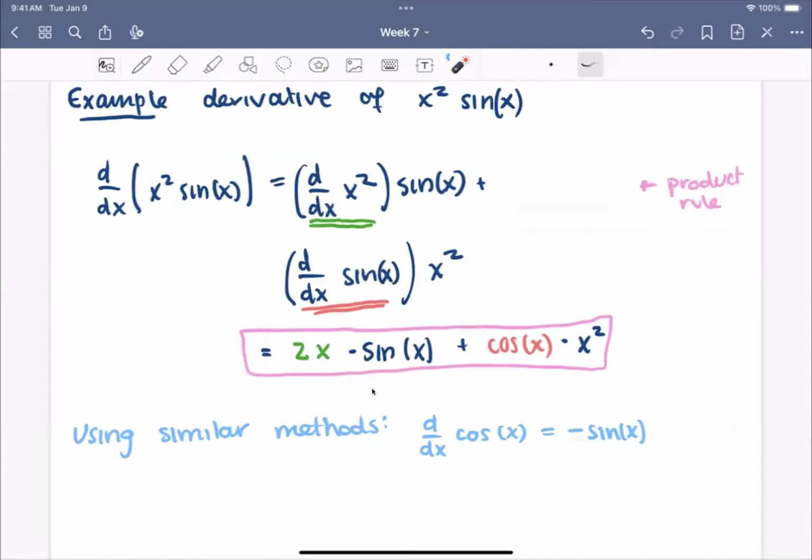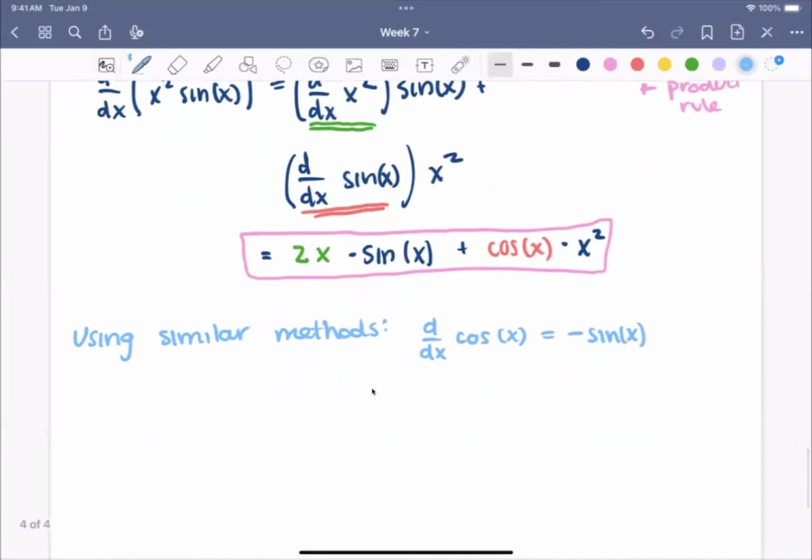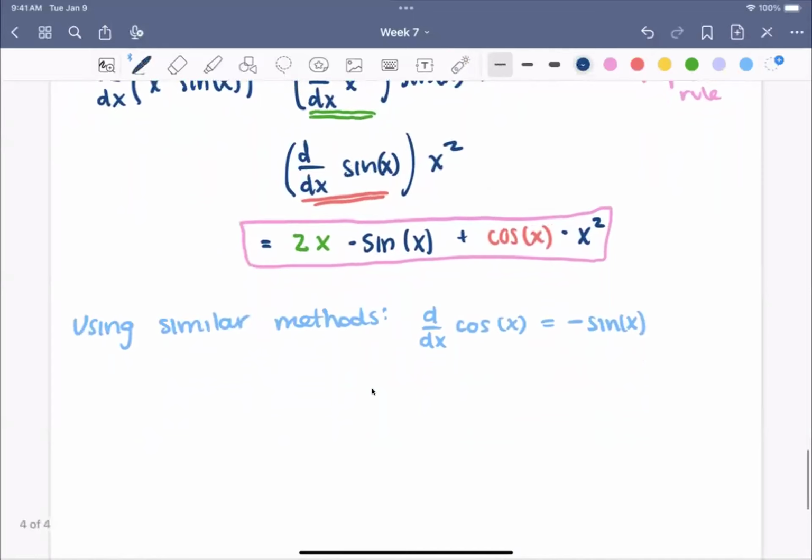Okay, so using this, let's do another example, which is we'll take the derivative of tan x. So we'll take d by dx of tan x. How might I do this?